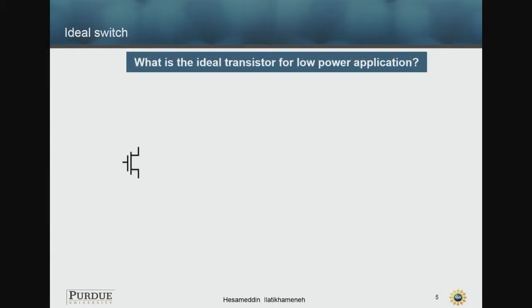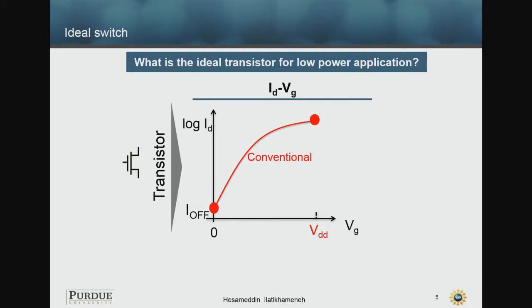So let's go to a device, a switch, and see what is the ideal switch for less power consumption. As you know, this is a conventional MOSFET. We have off current, on current, and 60 millivolts per decade. So what would be the ideal case?